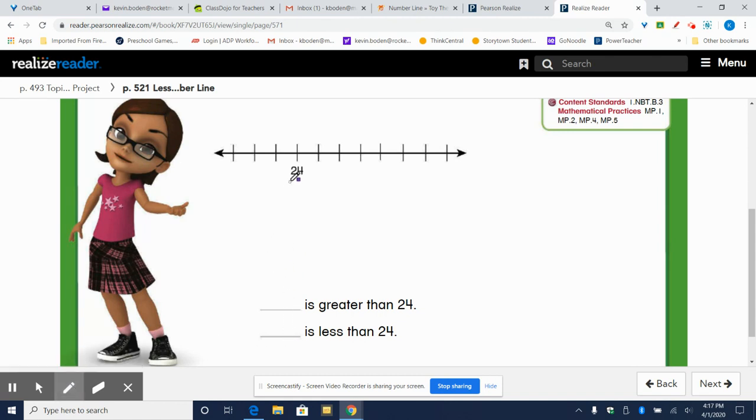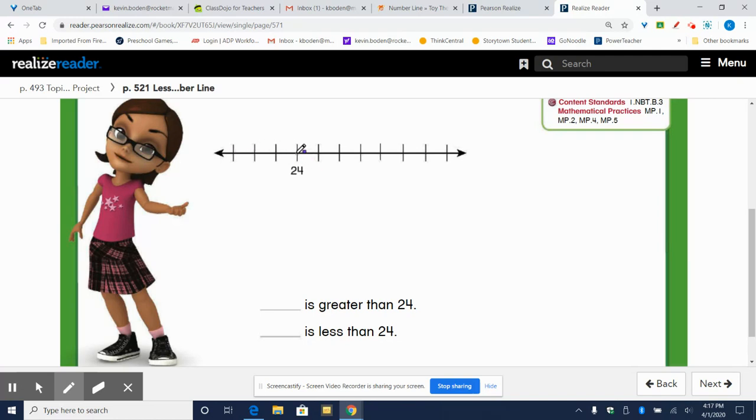So let's find a number that is greater than 24 first. Let's see what numbers are greater than 24. Well, there's 24. What number comes after 24? 25, 26, 27, 28, 29, 30, 31. We can count all the way up here, and that means they'll be bigger than 24. So all the numbers to the right of 24 are larger, and all the numbers to the left of 24 are going to be fewer or less than.